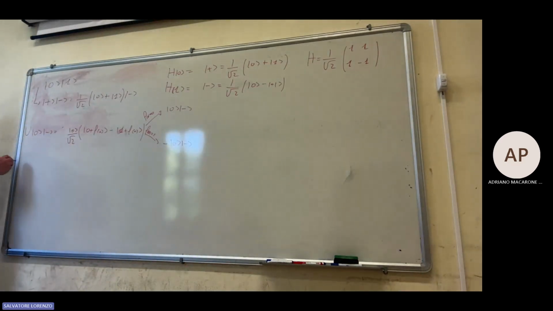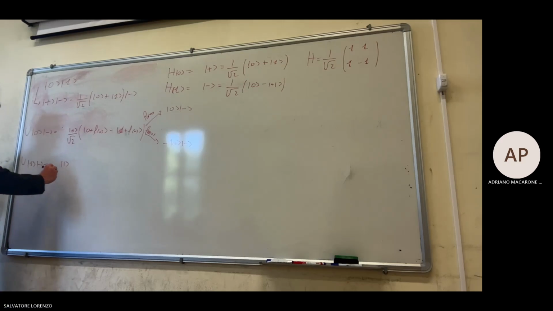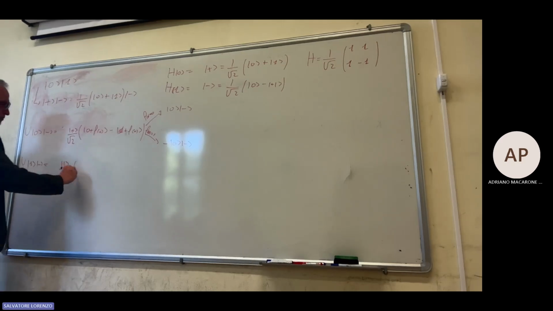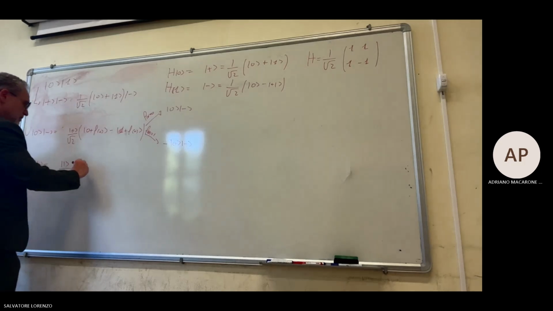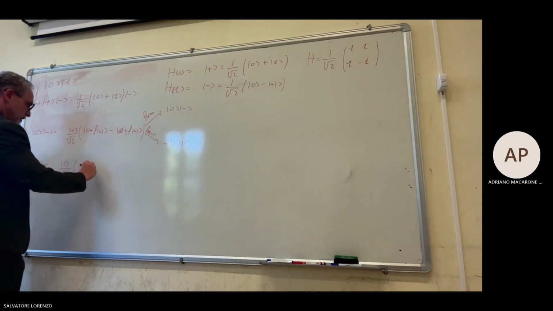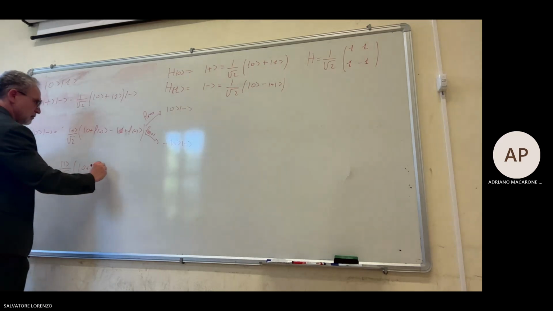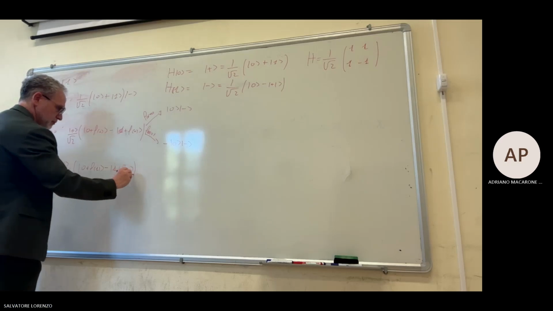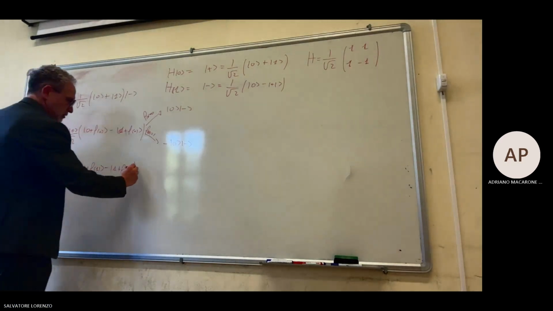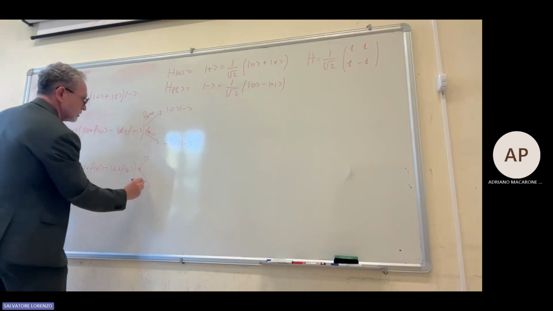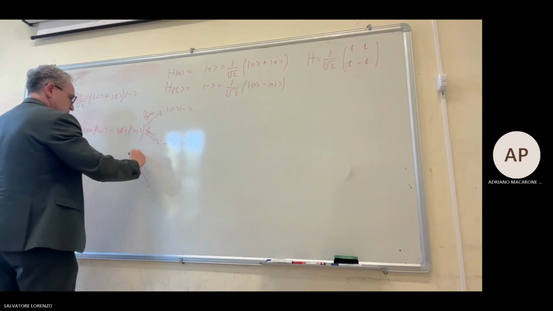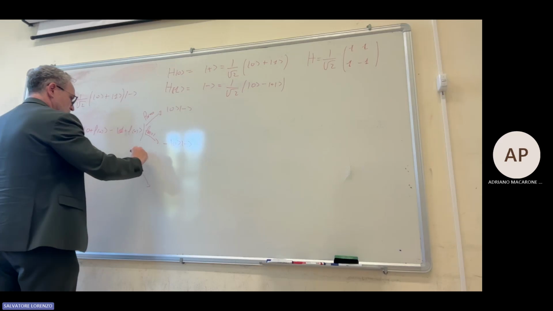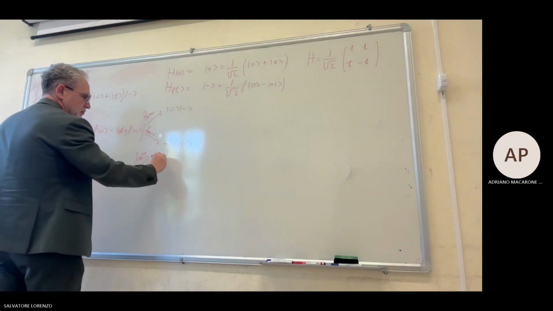Analogously, with exactly the same steps, we can evaluate 1 minus, that is 1 over square root of 2 times (0 plus f of 1, minus 1 plus f of 1). This is again the same situation. If f of 1 equals 0, this is again 1 minus.